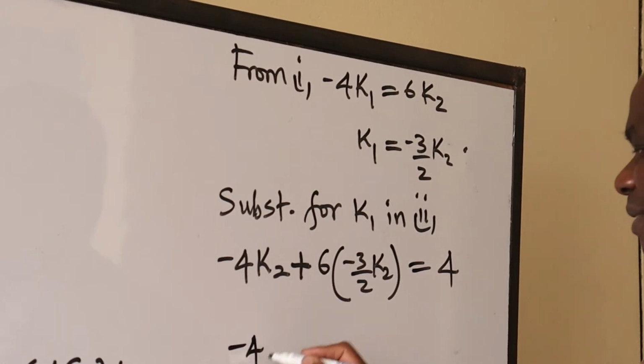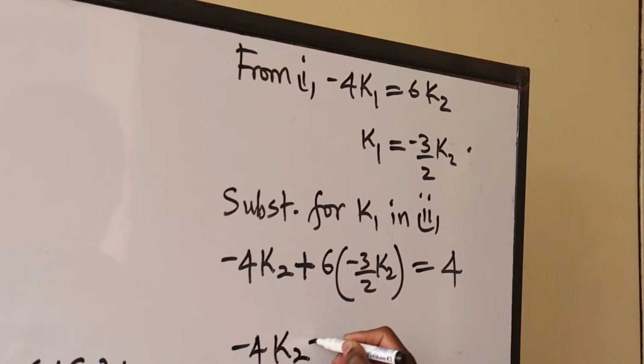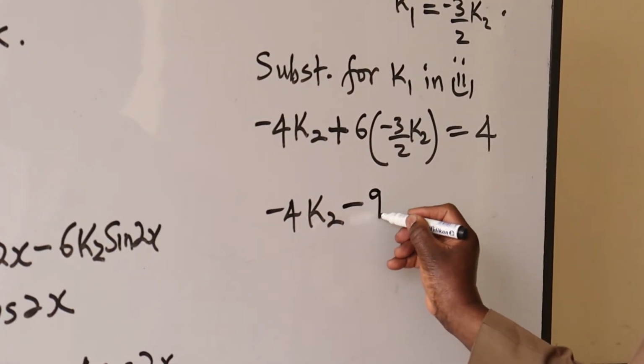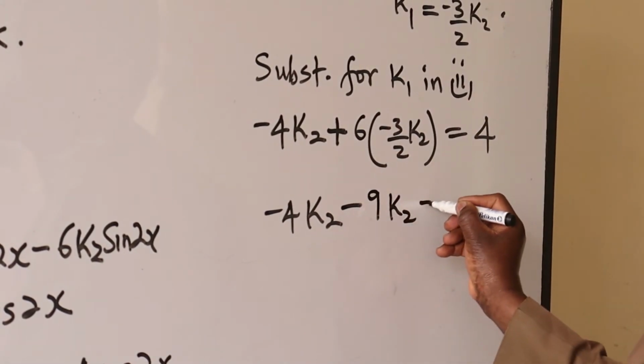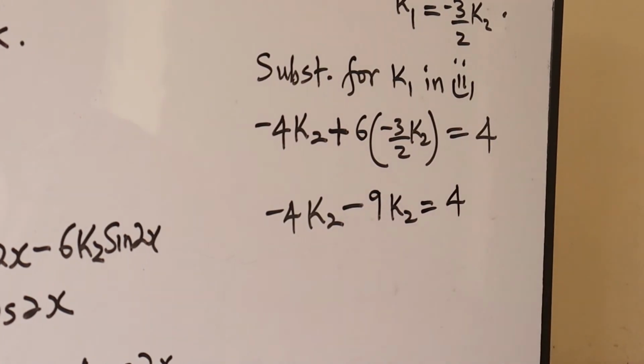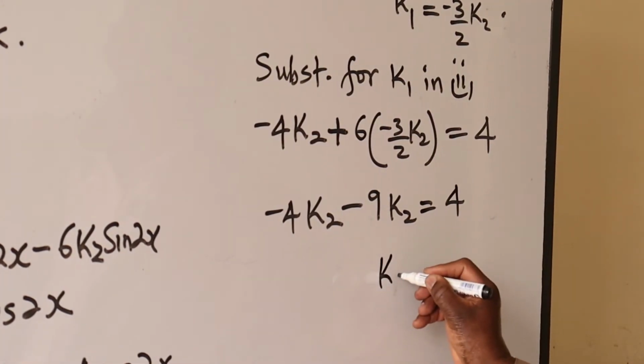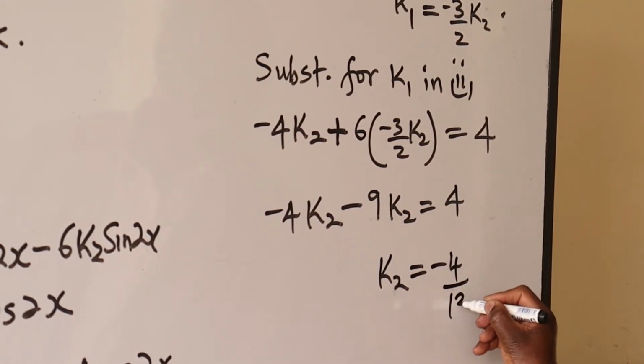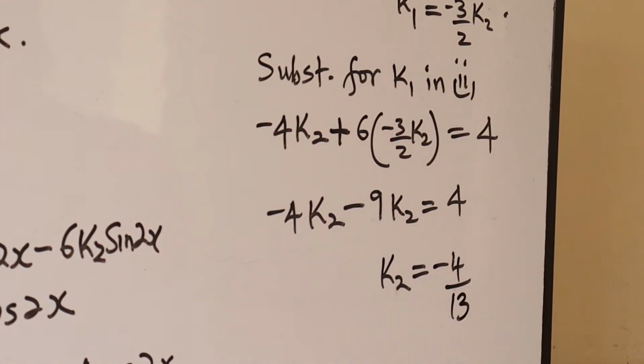This is minus 4k2 minus 9k2 is equal to 4. So our k2 will be equal to minus 4 all over 13.